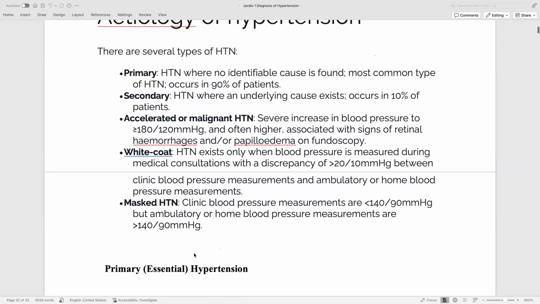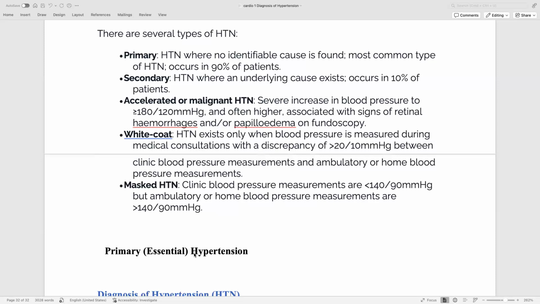Then there is mask hypertension. If the clinic measurement is below 140/90, but the ambulatory is more, that's the opposite. In the clinic normal, in the ambulatory high, that is mask hypertension.